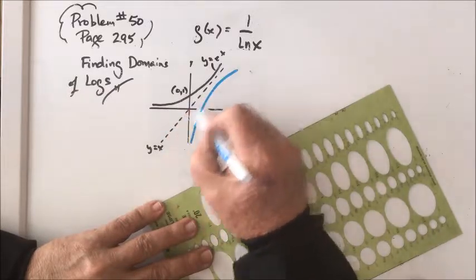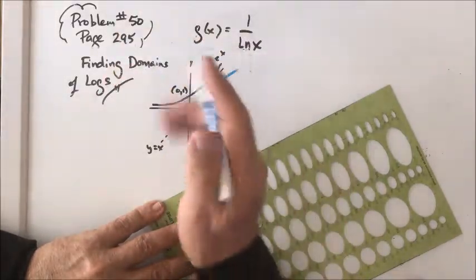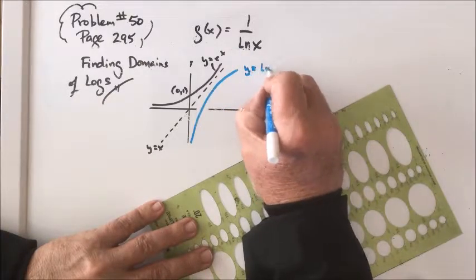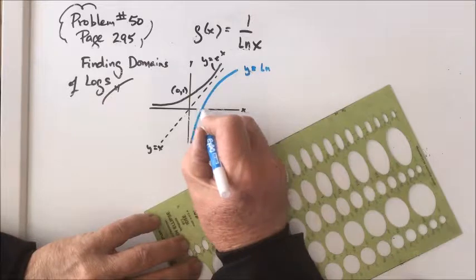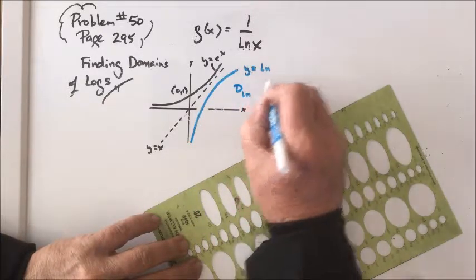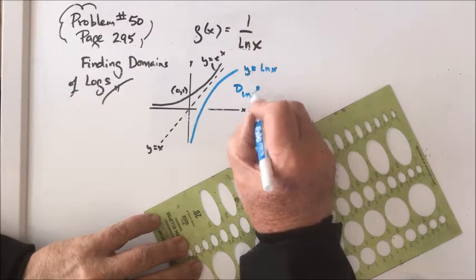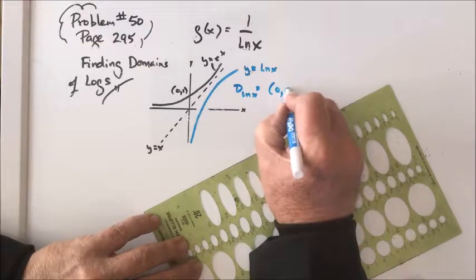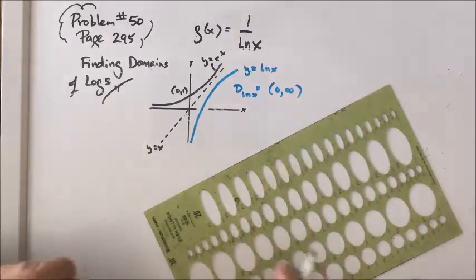But if this is e to the x and this is the line y equals x, if I spin e to the x around it, there's the function y equals the natural log of x. So we can see immediately that the domain of the natural log of x is all x from 0 to infinity, not inclusive of the endpoints.